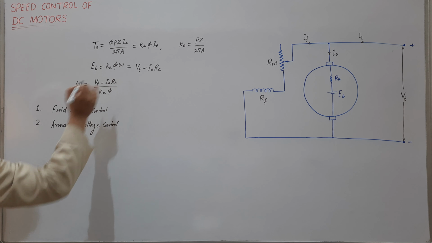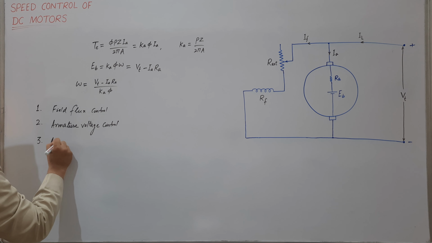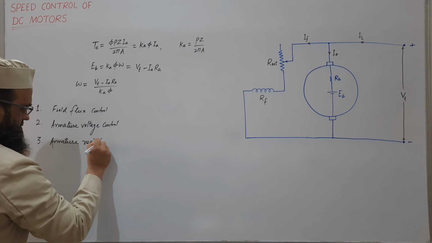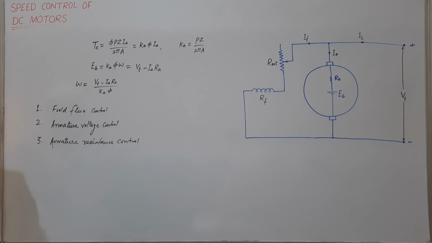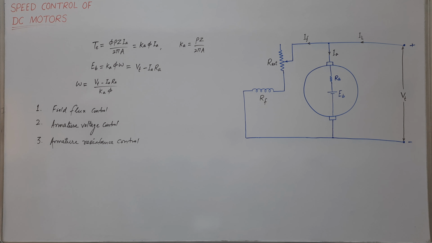Similarly, by controlling armature resistance, known as armature resistance control. We will discuss all these three methods one by one. The first two methods are generally preferred over the third one, as this leads to higher losses and poor efficiency. We will discuss later. So first we will discuss field flux control, this one.